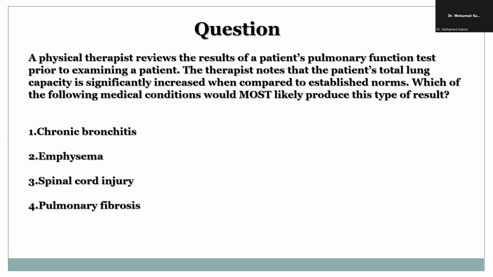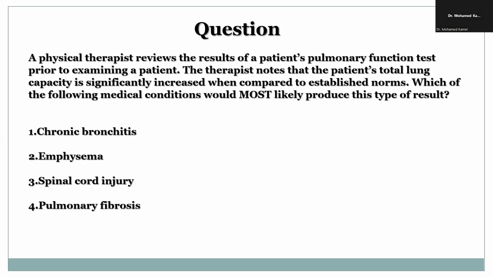Chronic bronchitis. In chronic bronchitis, there is chronic inflammation with mucus production for about 3 months for 2 successive years. So this is the definition of chronic bronchitis. There will be hypertrophy of the submucosal glands in the large and small bronchi and trachea, with hypersecretion of mucus, and there will be a productive cough as well.